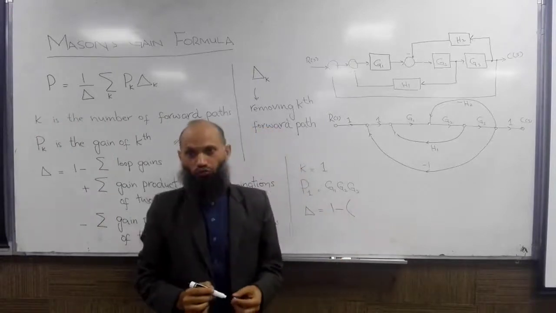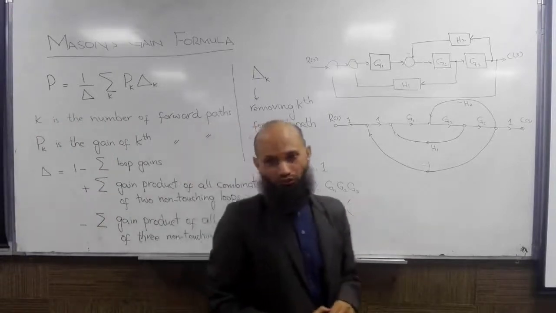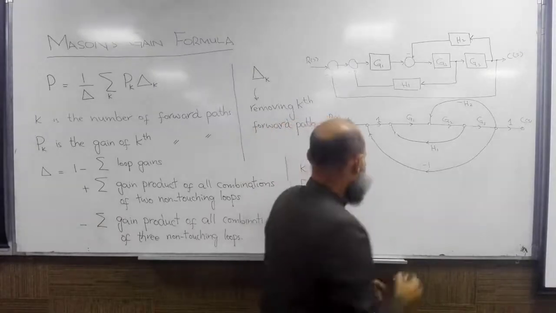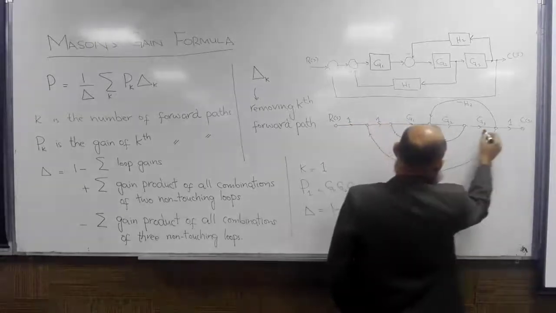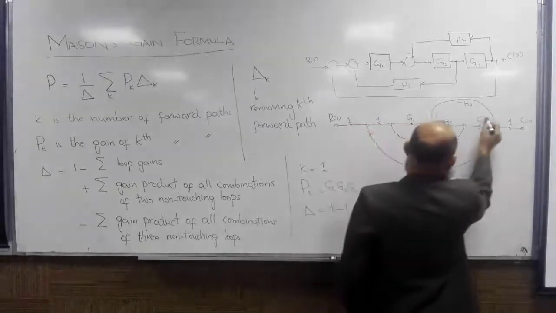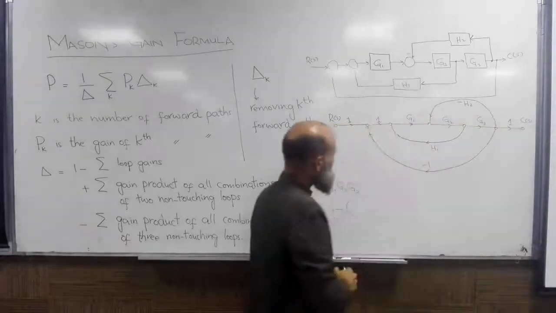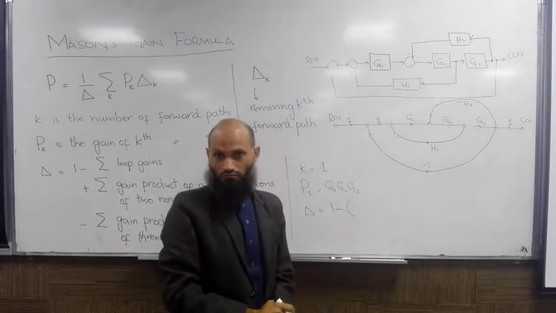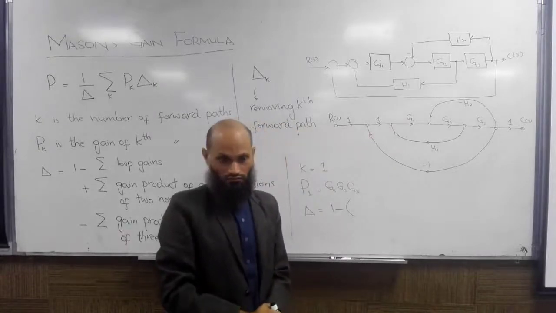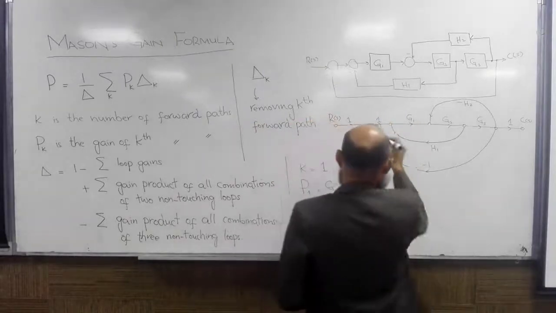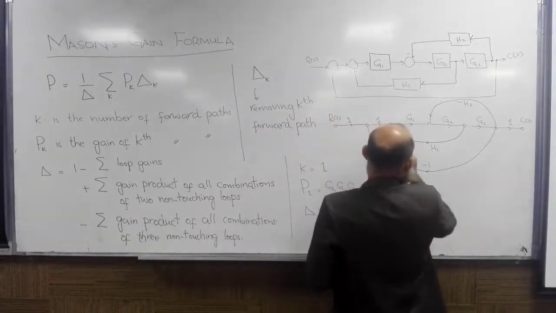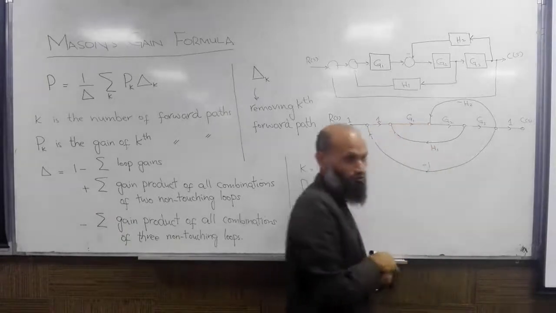sum of loop gains. How many loops are there? This is one loop, this is the second loop, and this is the third loop. Any other loop? Can you see this loop as well or not? Yes, but that is not there. How can you see that?